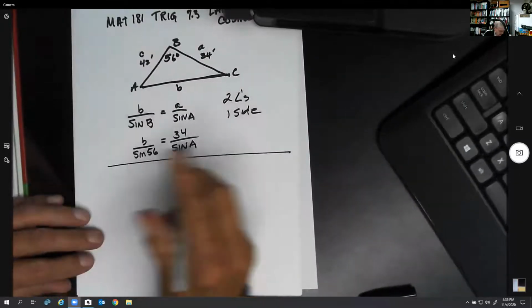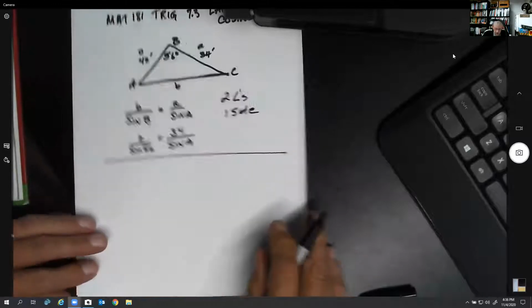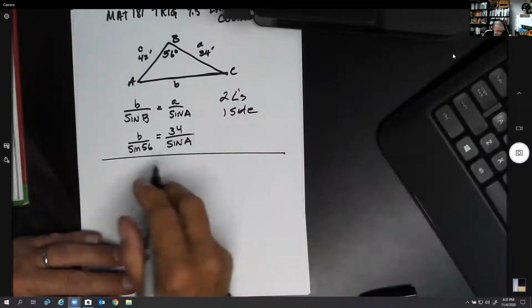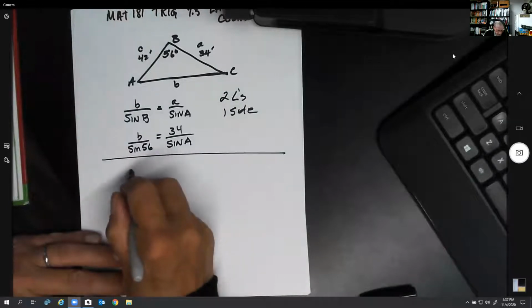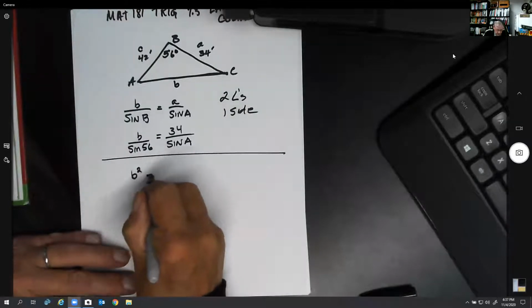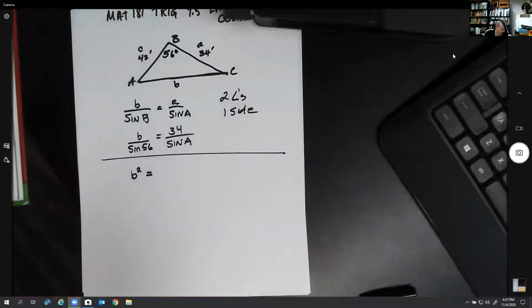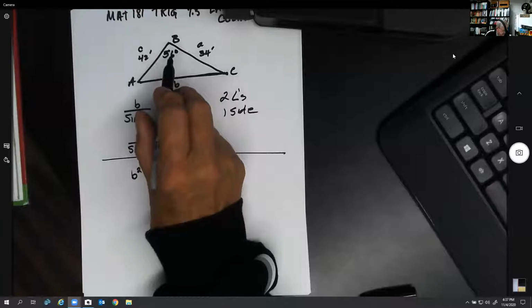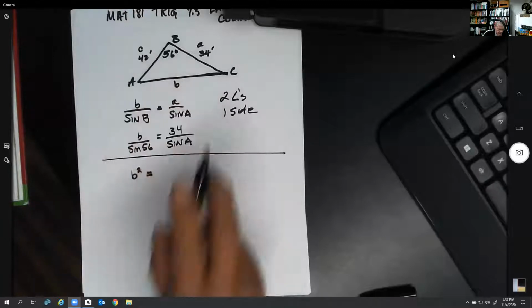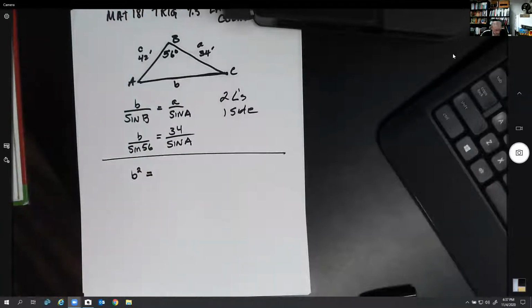So the law of cosines consists of three different little formulas. I would say we're looking for B. B squared equals, as long as we know to use the law of cosines, we need two sides and the angle between them. This will work perfect.